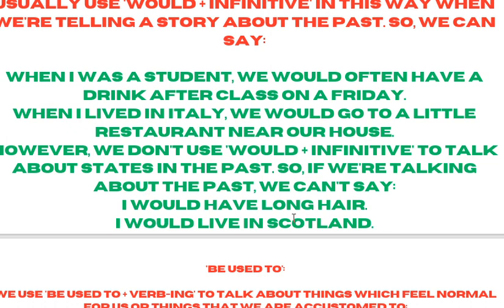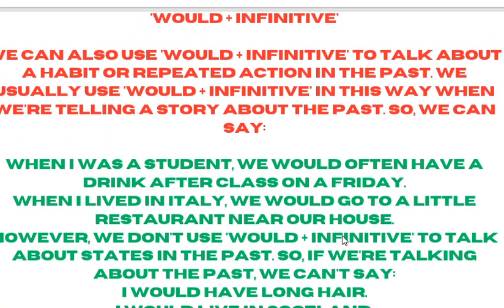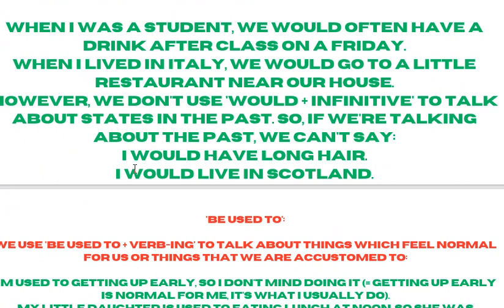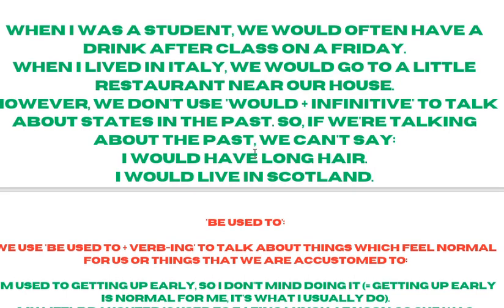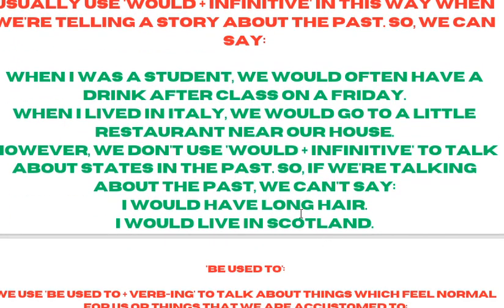When stating something in the past, a specific state, we don't use I would have long hair or I would live in Scotland. These things we should keep in mind. To state a specific state in the past we don't use would.